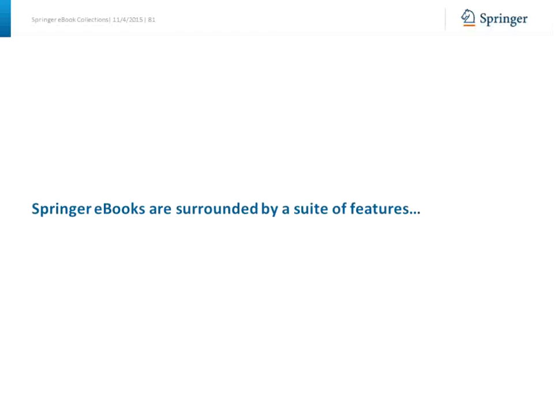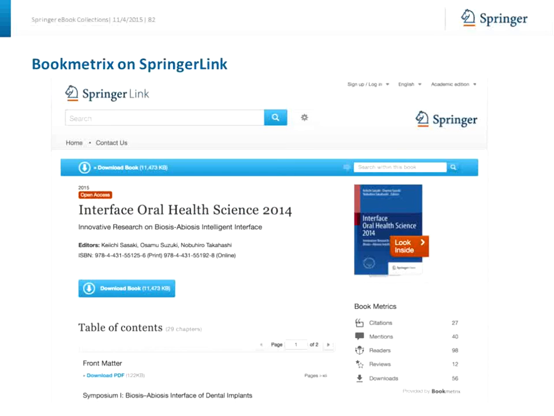But besides just the content, there are a number of nice features that surround our books. So first of all, it was briefly touched upon already, we have book metrics. Right below the cover of the book, you will find a number of metrics about the book that we gather from various resources.